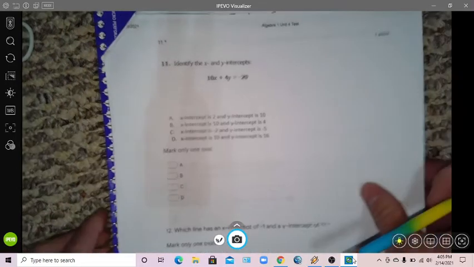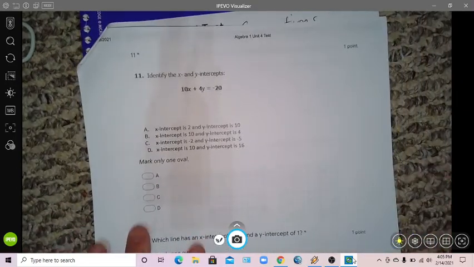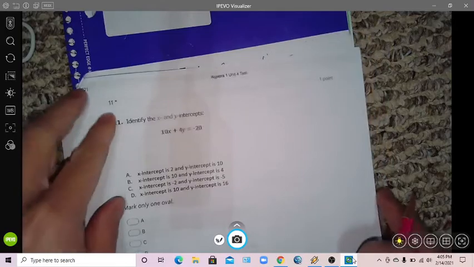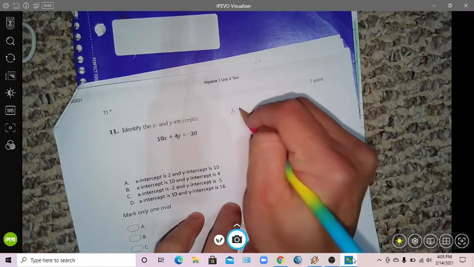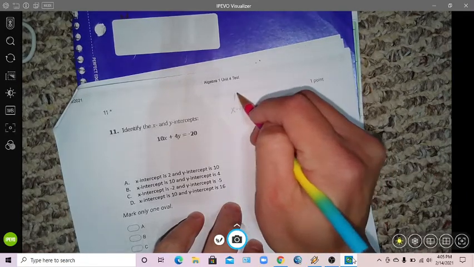Alright, so go ahead and go on to the next one. Identify the x and y-intercepts. For the x-intercept, y equals 0.